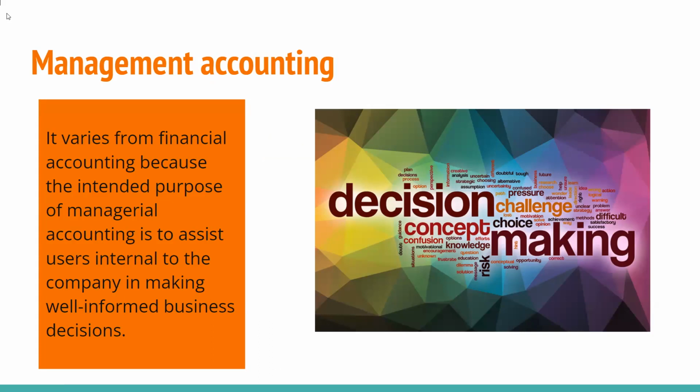This usually has to do with production, maybe making a particular product, pulling a particular product from its production line, or outsourcing some parts of the production process to another firm, making what we sometimes call make or buy decisions. Should they make something or buy it and then sell it over? These are the kinds of decisions that management accounting helps management make.